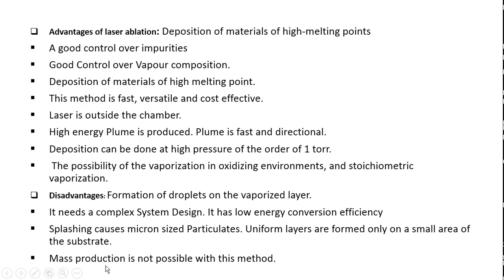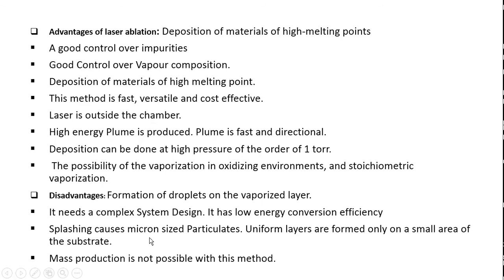I do not know whether the statement that mass production is not possible with this method is correct or not. Anyway, some textbooks say that. I have to check this one. Anyway, you just understand the main points: the formation of droplets on the vaporized layer, a complex system design, and splashing causing micron-sized particles.